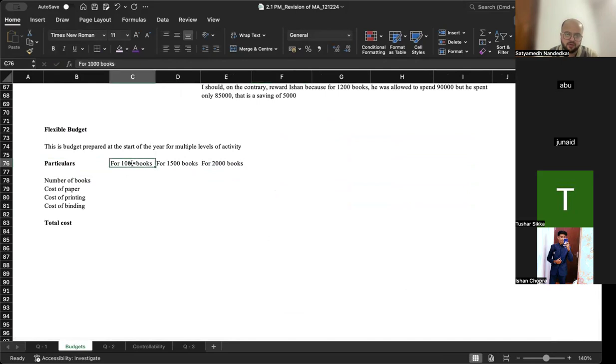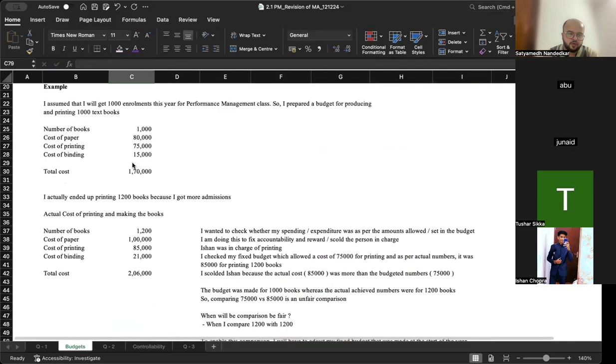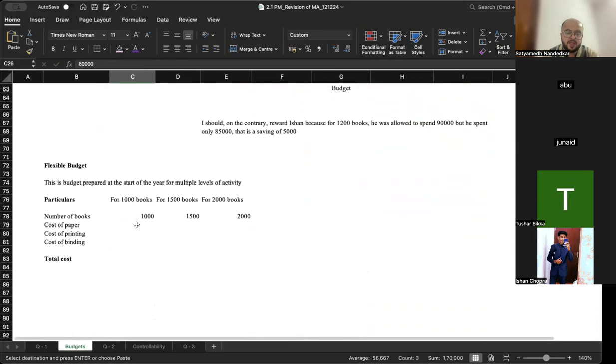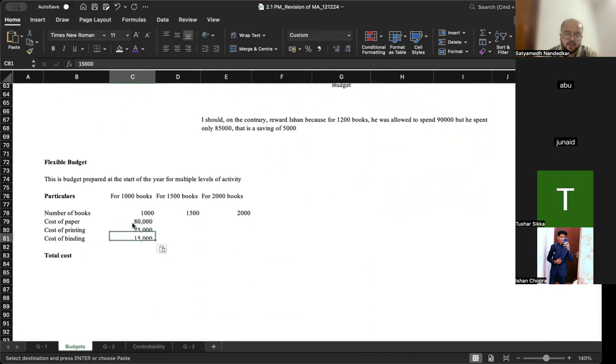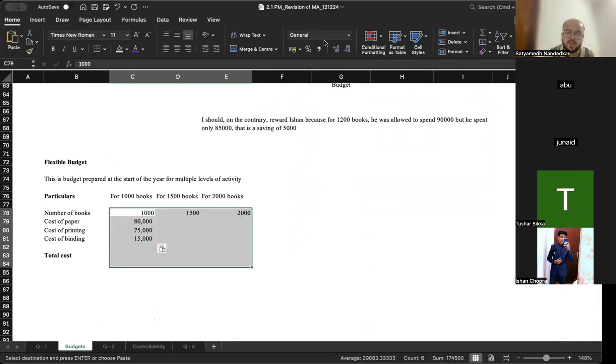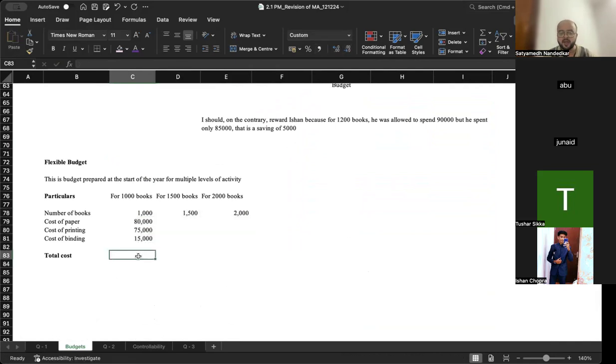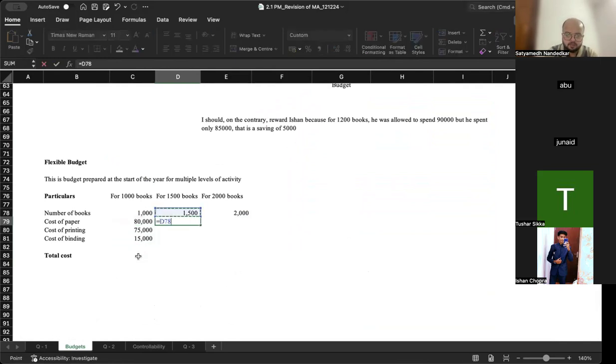For 1,000, for 1,500, for 2,000. So for 1,000, you already have it. What they will do is this is made at the start of the year. Okay, the difference between adjusted fixed budget and other budgets is adjusted fixed budget or flexed budget is basically made at the end of the year so as to enable the right variance analysis.